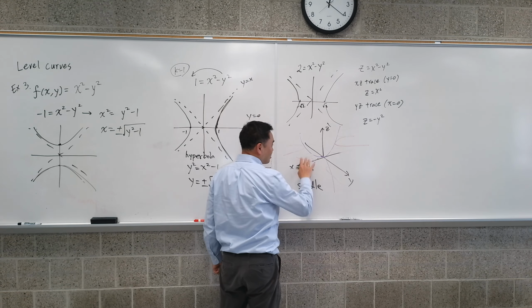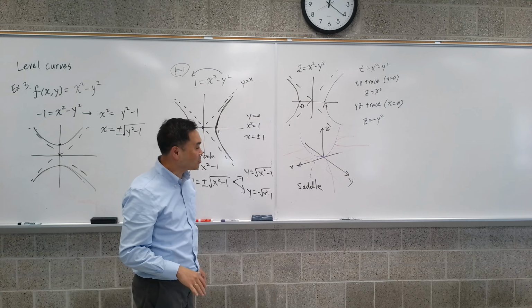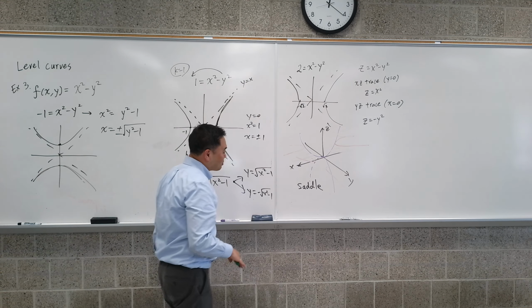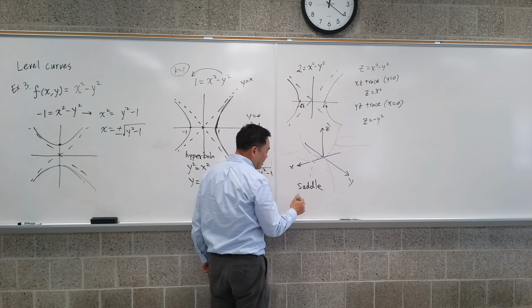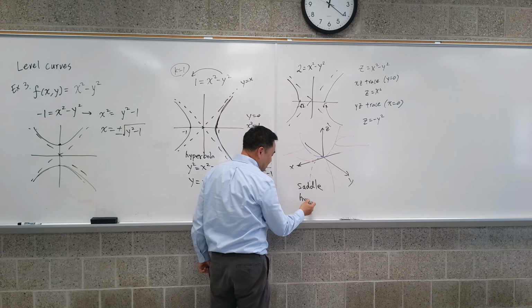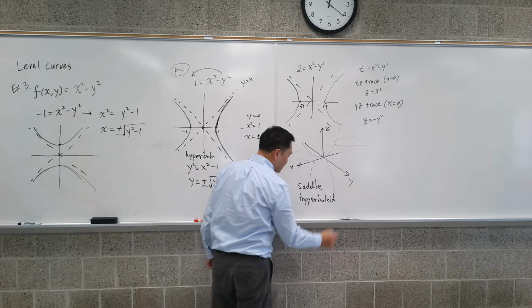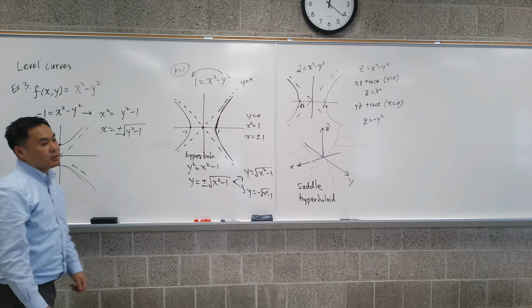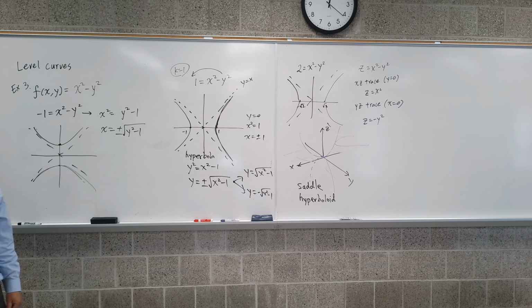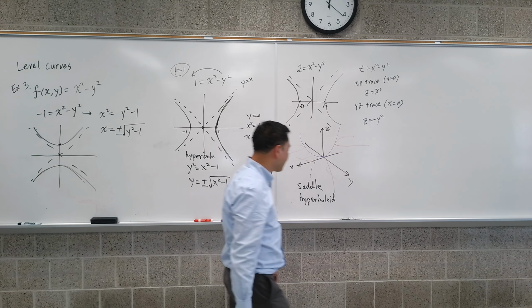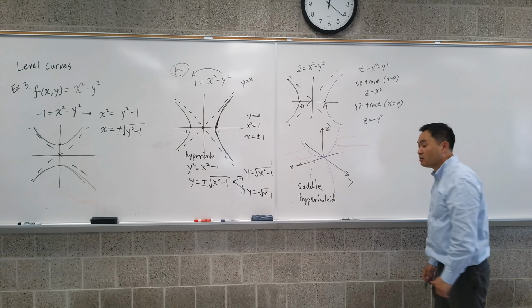Okay, so this surface is called a saddle, but the more technical way to say it would be to call this hyperbolic. Now we're going to eventually look at some other hyperboloids as well.